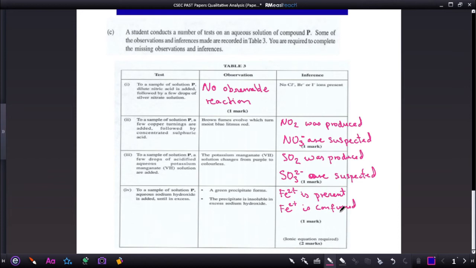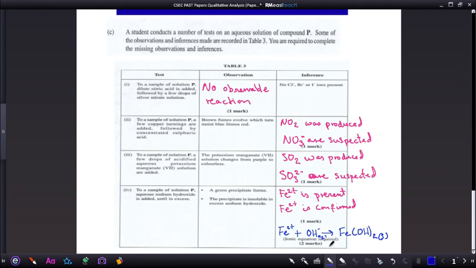It's confirmed, and they require an ionic equation. So let me use a different color to represent the ionic equation. The ions that we are interested in are the Fe2+ ion and the hydroxide ion. When those combine, iron hydroxide, which is the insoluble green precipitate, is produced, and you put the state symbol (s) to indicate the state.